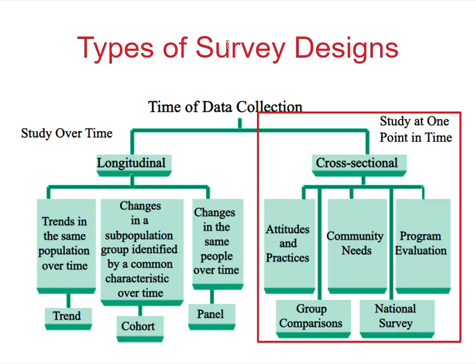So if you are doing a survey, you are not going to be comparing over time, you're going to be using cross-sectional. For cross-sectional, that's just one point in time, so you give out your survey once, and you could be studying attitudes and practices, group comparisons, community needs, a national survey potentially, or program evaluation. So those are some of the main types of survey design based on the time of data collection.